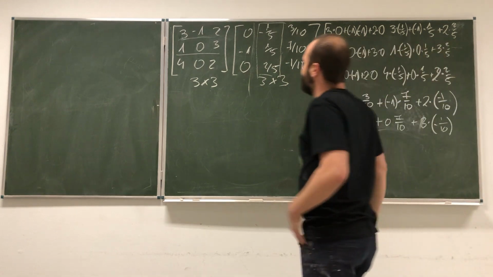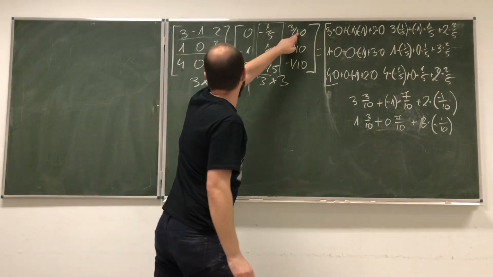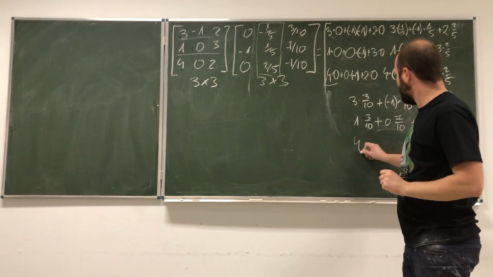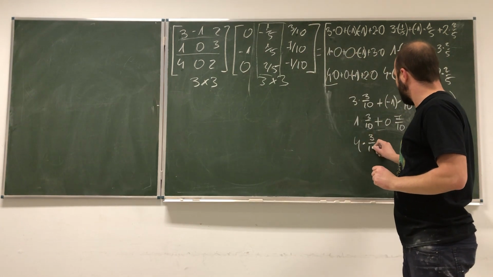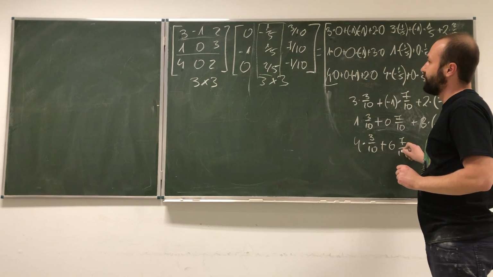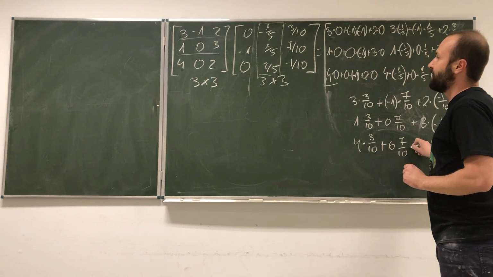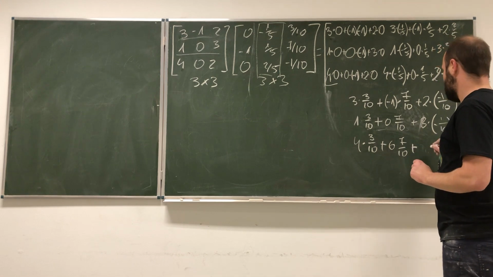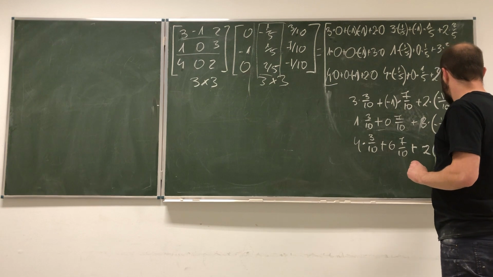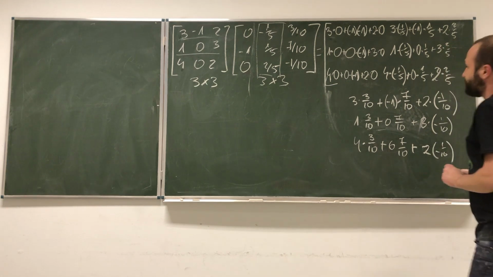And finally, this times this, this times this, and this times this. So we get that this is 4 times 3 over 10 plus 0 times 7 over 10 plus 2 times negative 1 over 10.